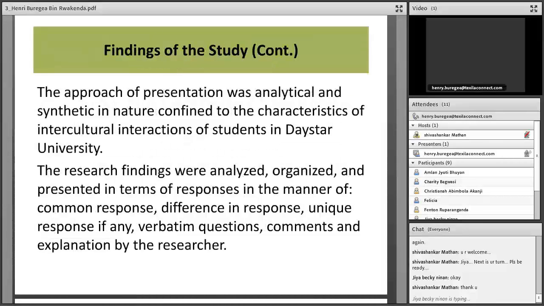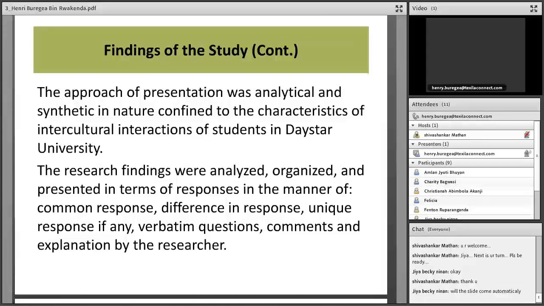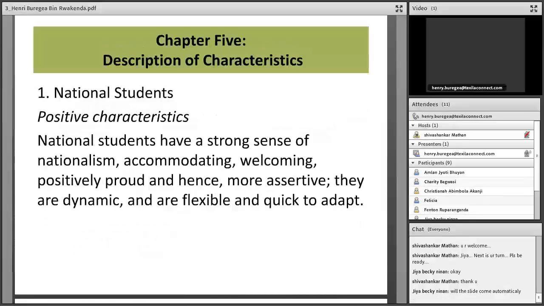The approach of presentation was analytical and synthetic in nature, confined to the characteristics of intercultural interaction of students at Daystar University. The research findings were analyzed, organized, and presented in terms of common response, difference in response, a unique response, if any, and comments and explanation by the researcher.